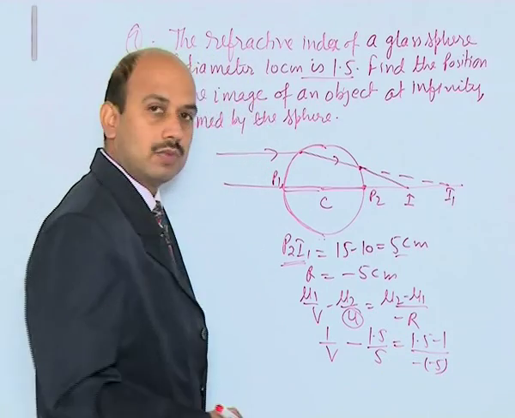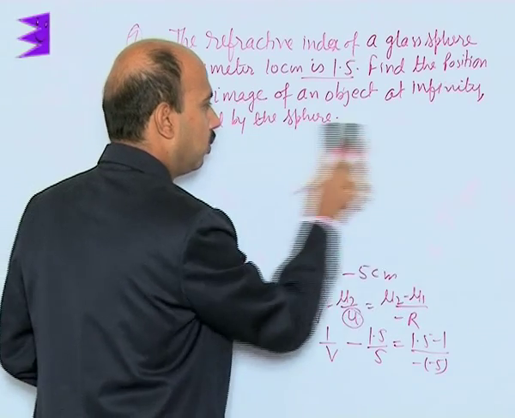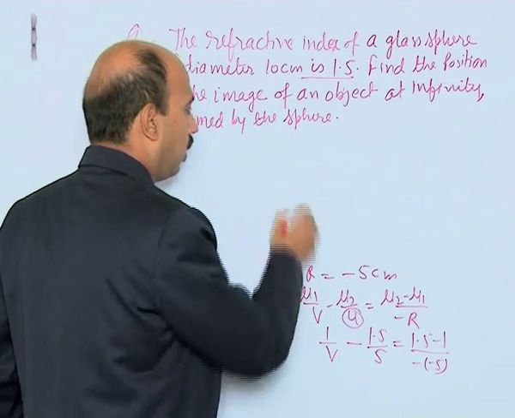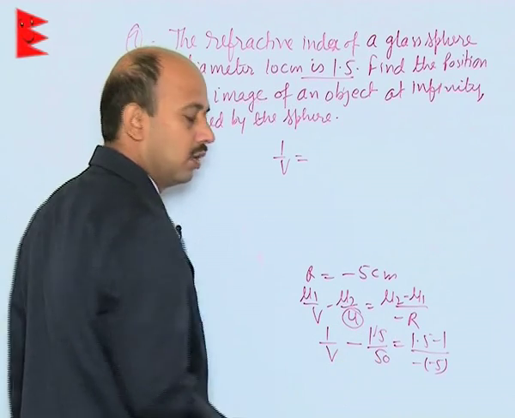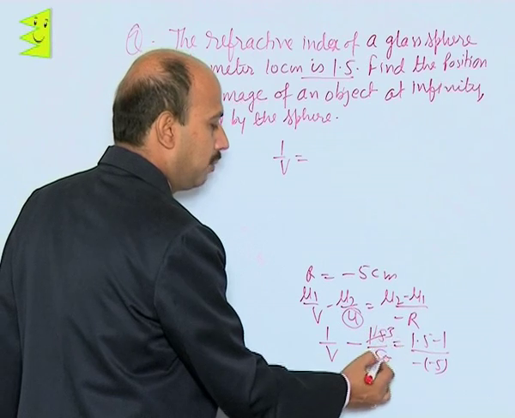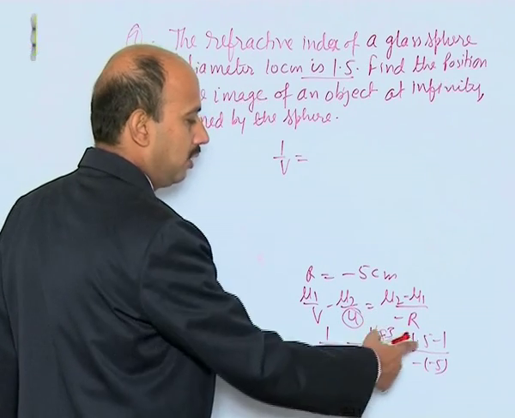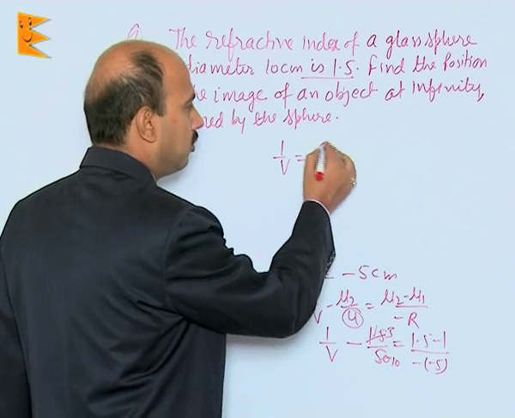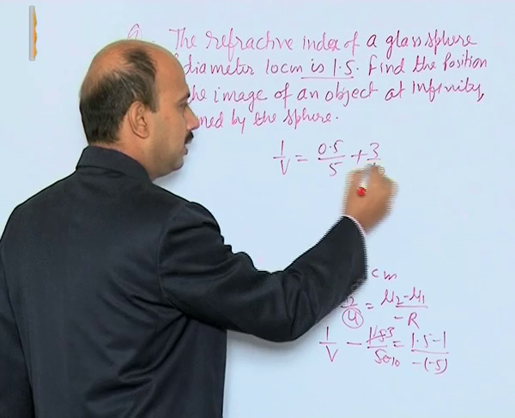Now, we can solve. When we solve this, we will be getting 1 upon V is equal to, this can be cancelled, that is 3 by 10. So, that is going to this side. So, 1.5 is here, that is 0.5 upon 5 plus 3 by 10.